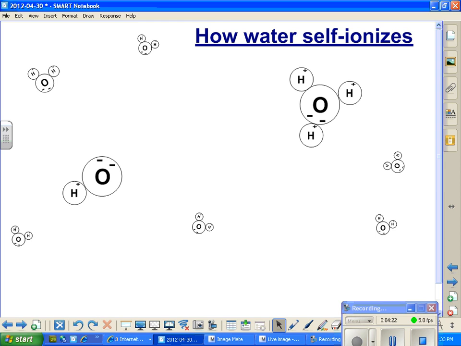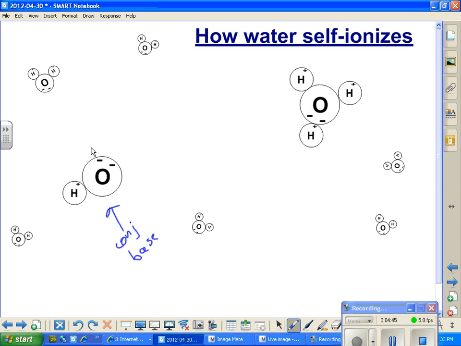And the proton donor is coming over here to the base. Only on the other side of the equation now, we call this guy the conjugate base. Remember, he was the acid. He is what's left after he donates the hydrogen.